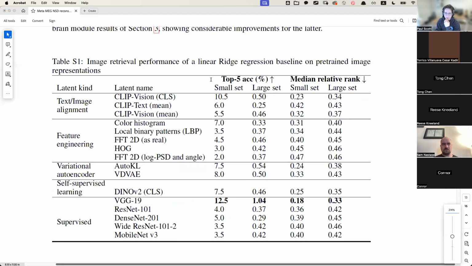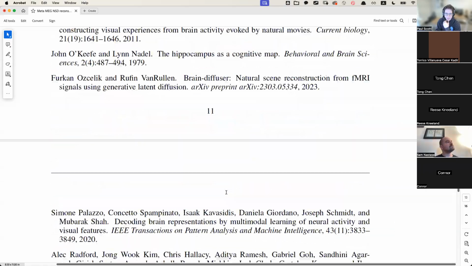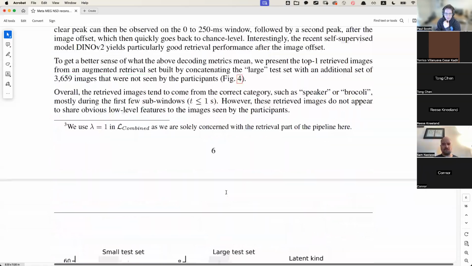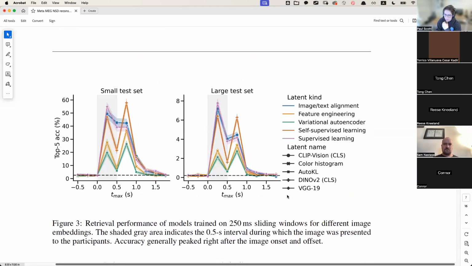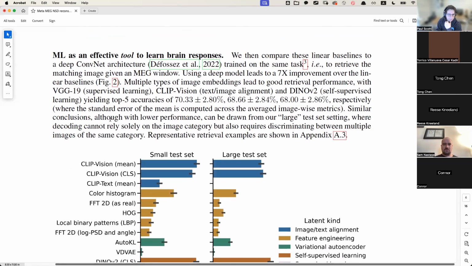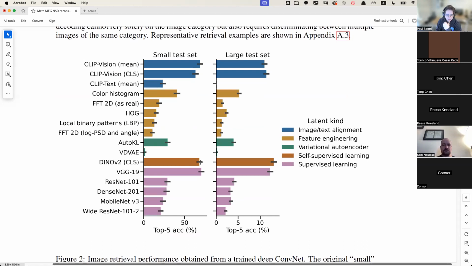But anyway, these are the results that they get for the ridge regression comparison. To do a quick lookup here, DINOv2 got 7.5 for the small data set, whereas they get around 12% for their more complicated model.